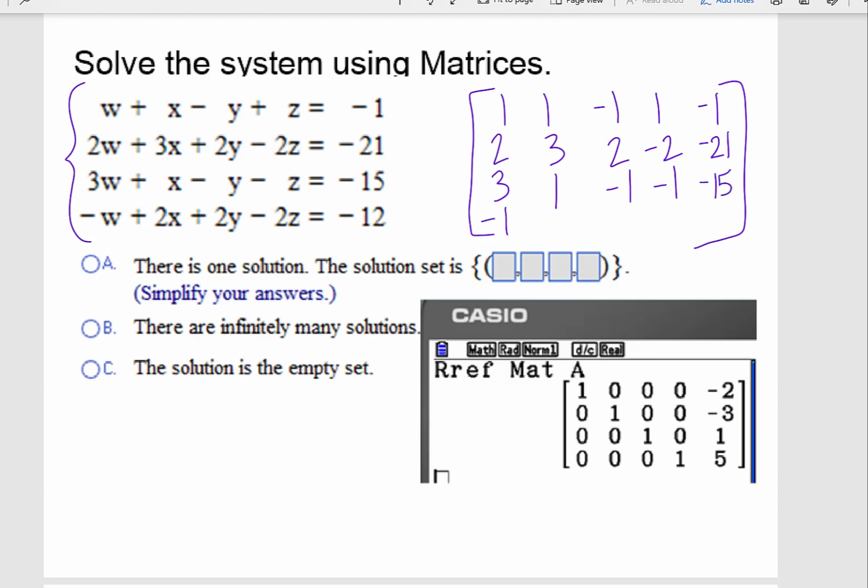And then -1W, excuse me, plus 2X plus 2Y minus 2Z equals -12. Enter it into our calculator.